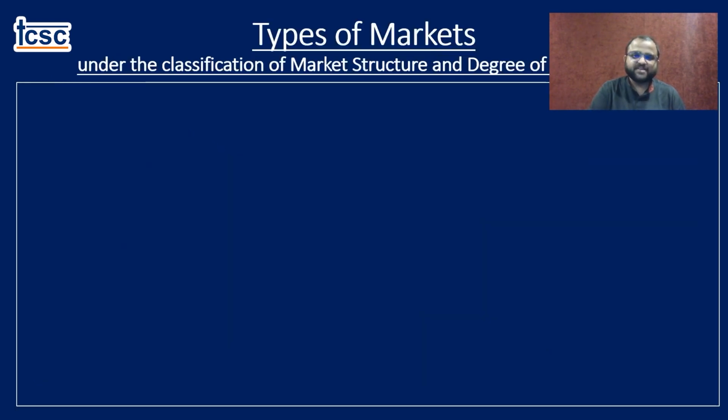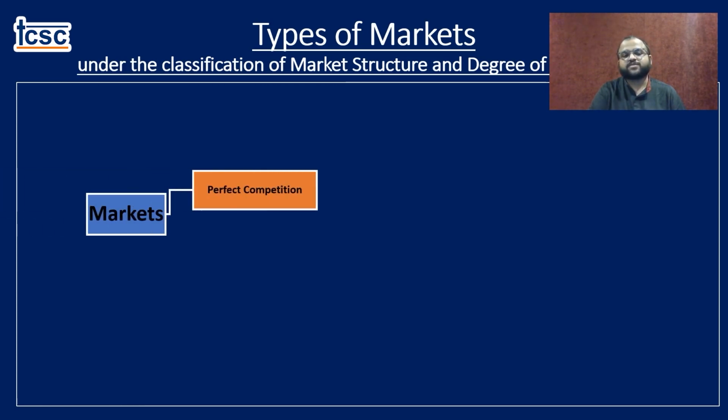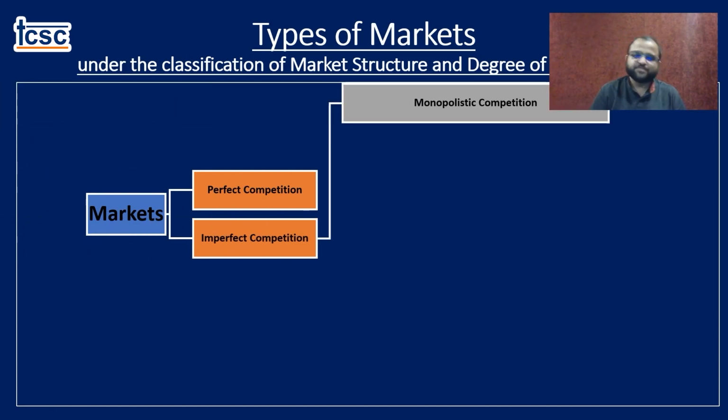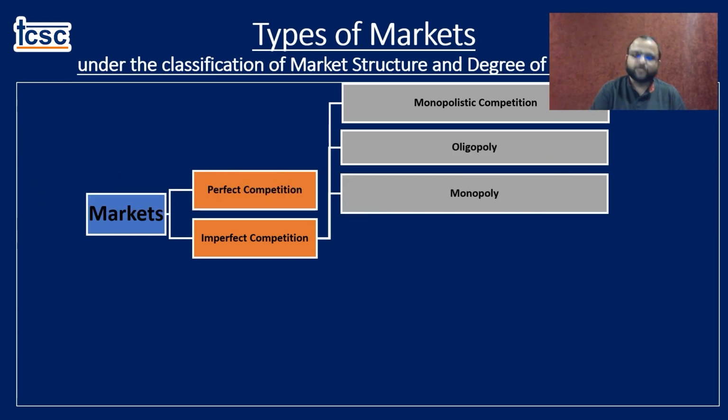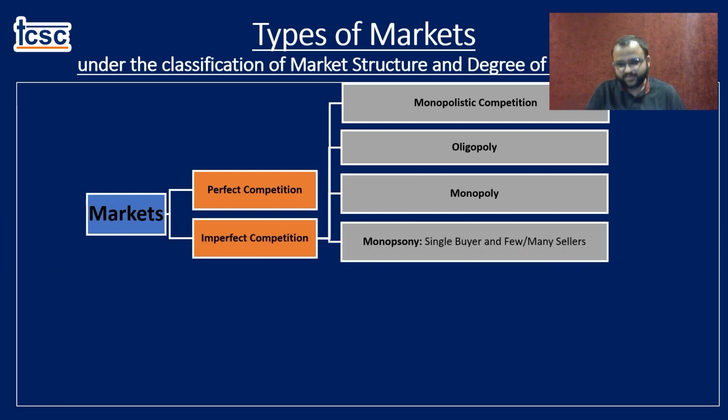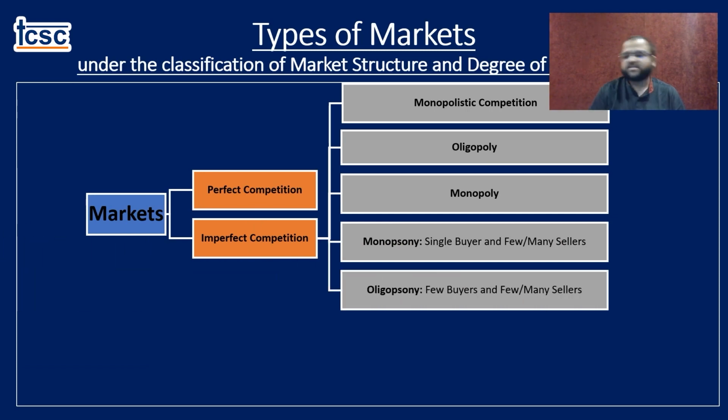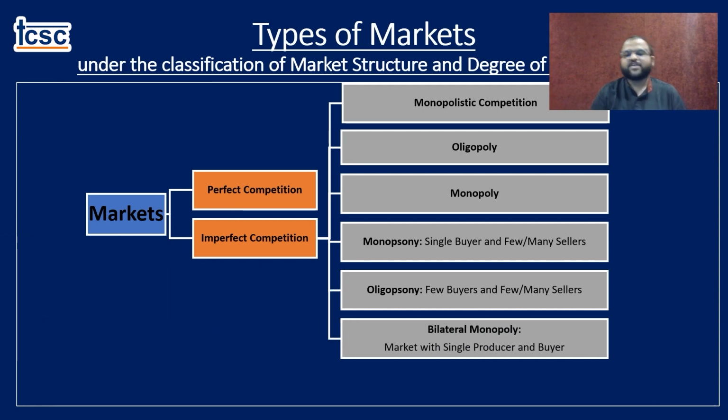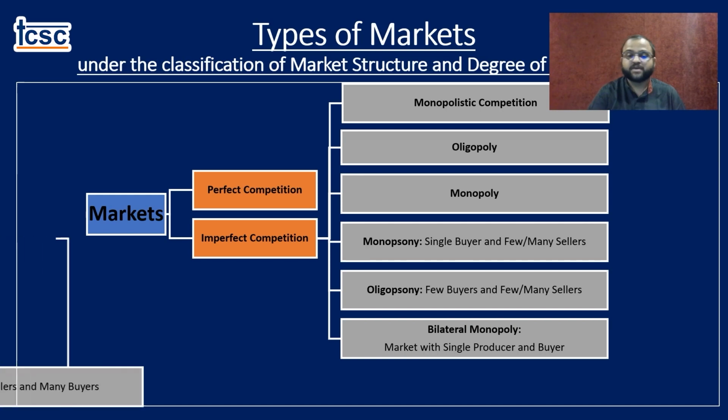So we define markets on the following basis. First, we're going to explore one complete world, which is called perfect competition. The second we're going to explore would be imperfect competition. Now, in perfect competition, we do not have types, but in imperfect competition, we're going to start off with monopolistic competition, oligopoly, and monopoly. But there are a few honorable mentions. That is monopsony, where there is a single buyer and few sellers, or oligopsony, where there are few buyers and few or many sellers, or bilateral monopoly, where the market has only one single producer and one single buyer.